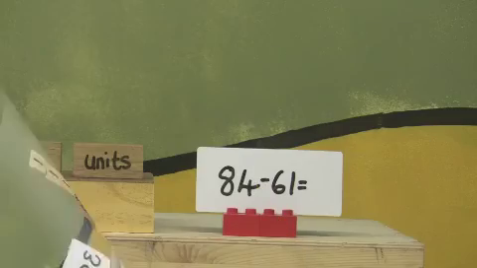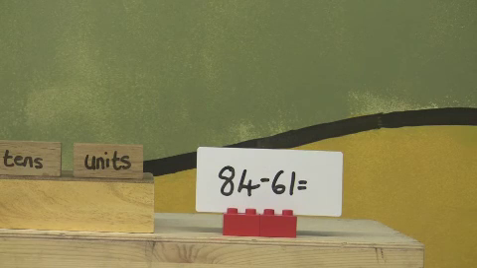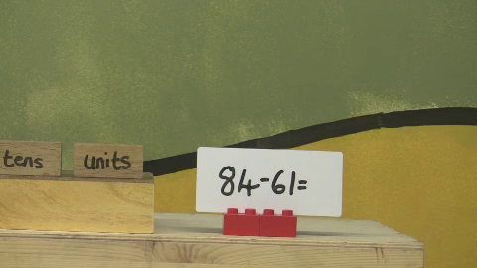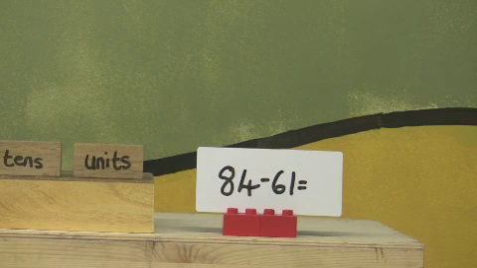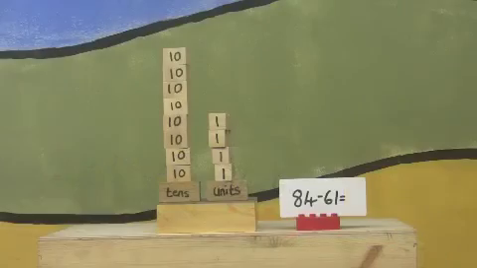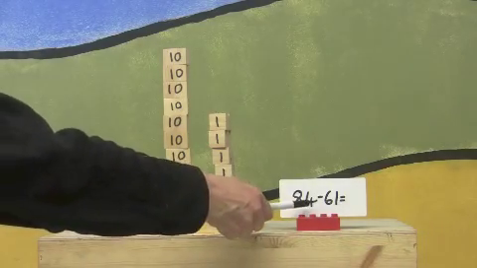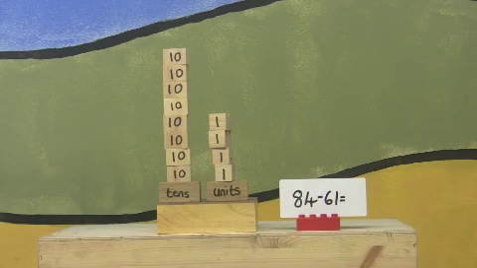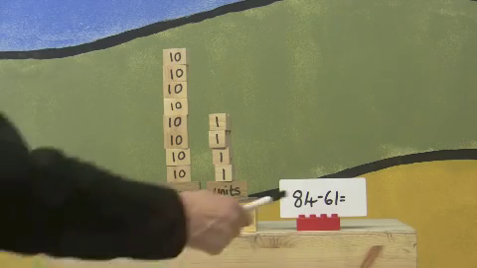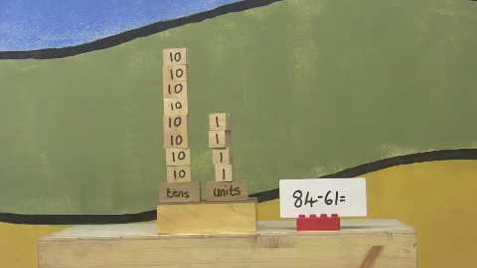Try another one. 84 take away 61. Pause the video and have a go. Here's 84 made with the blocks. 8 tens and 4 units. And I'm going to take away 61. 6 tens and 1 unit.